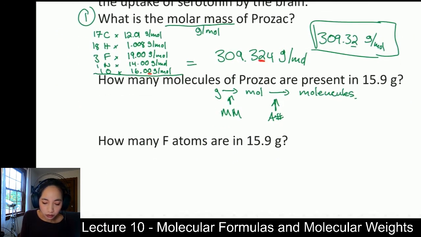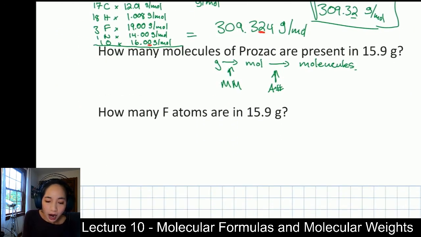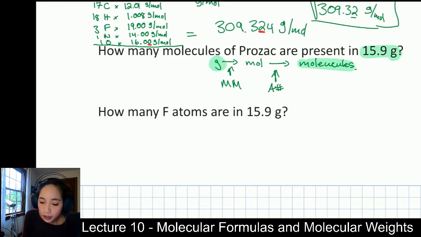So I'm going to just go on a different page here. So I have 15.9 grams of the compound Prozac, and we want to get to molecules. So we're going to start in grams, and we want to get to molecules. So we have to use moles to get there.